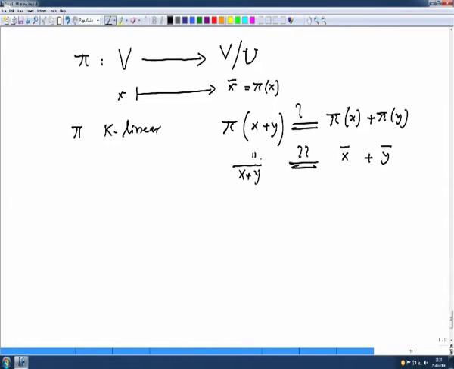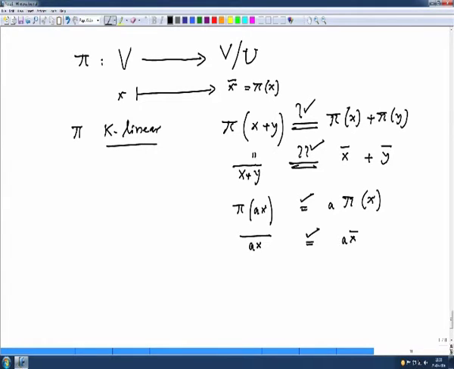We do not have to check anything because this is how the sum in V by U is defined. Similarly, we have to check that pi of Ax equals A pi x, but in bar notation, it is A x bar and this is A x whole bar, but that is how we have defined this scalar multiplication. So, this is correct, this is correct, this is correct. Therefore, pi is k linear.